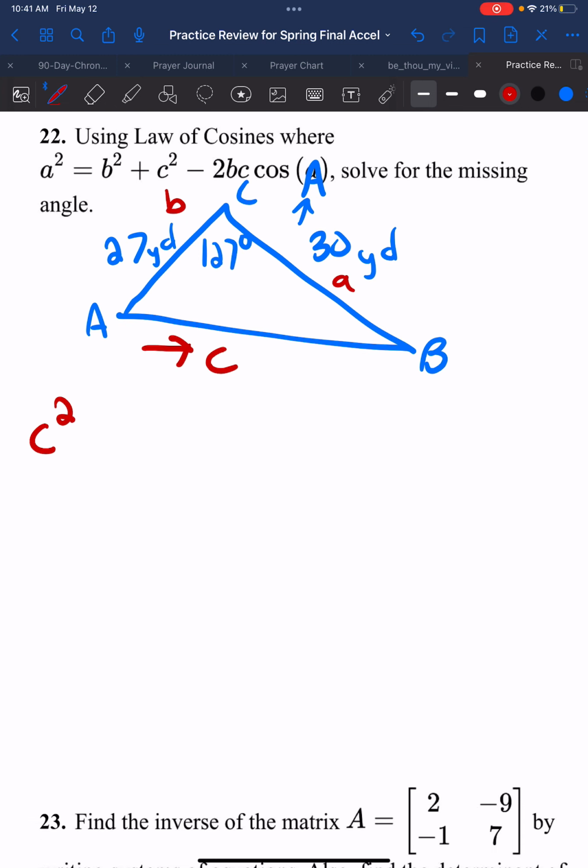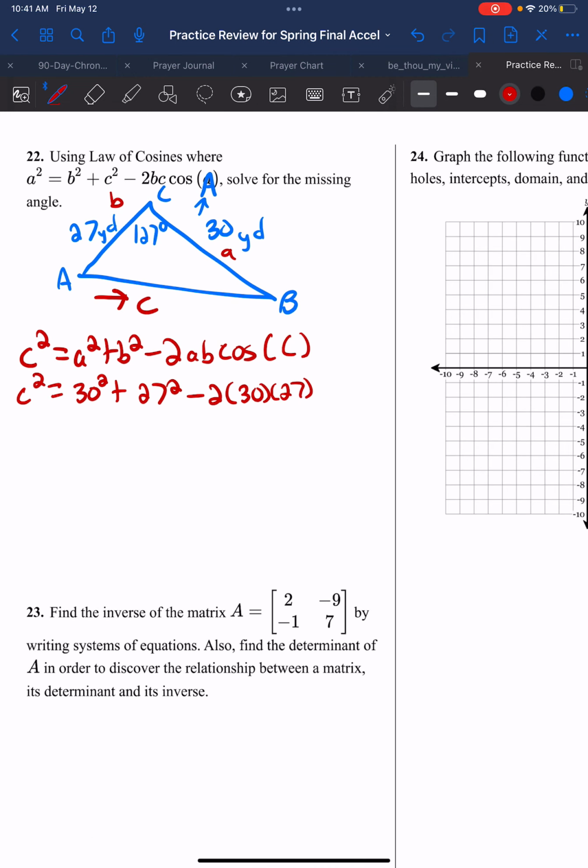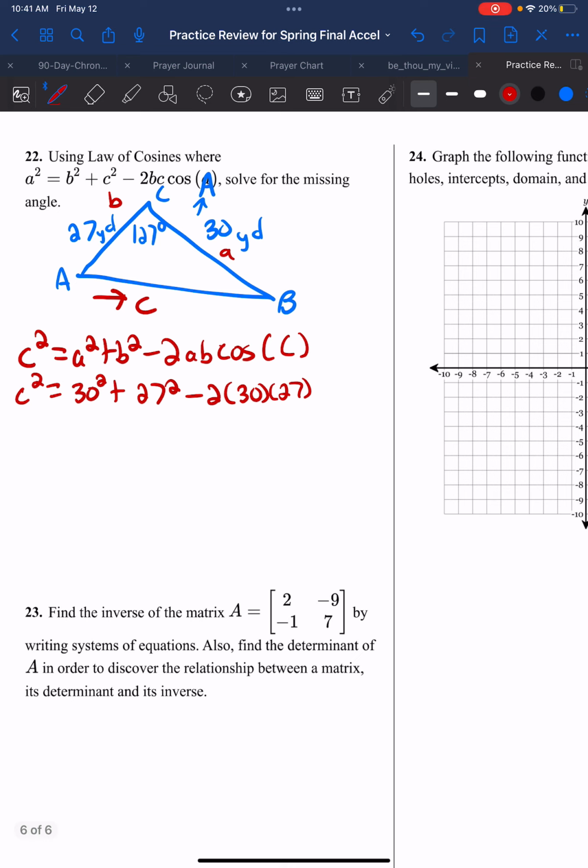The equation for that is C squared equals A squared plus B squared minus 2 times AB, and then times cosine of angle C. So C squared is equal to 30 squared plus 27 squared minus 2 times 30 times 27, and then cosine of angle C, which is 127.